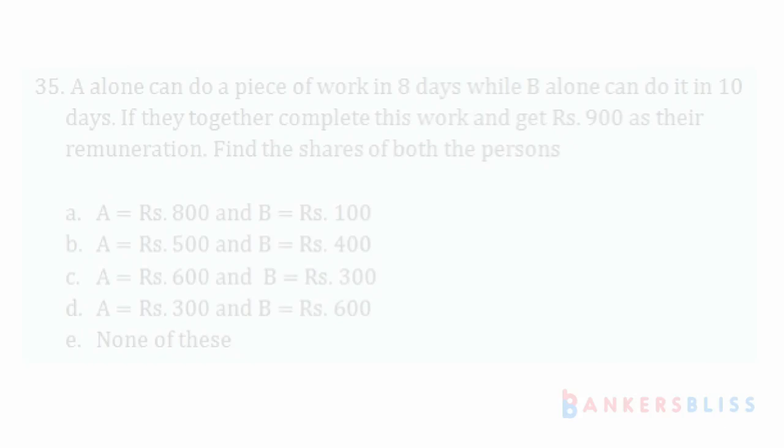So if all of them work together, then 20 divided by 2 plus 1, that is equal to 20 divided by 3, that is 6 2 by 3. So answer is 6 2 by 3. Option B is the right answer, because to calculate A, B and C, we already know A and B, only thing is we have to add C. In that case, no need to calculate the individual values of A and B.